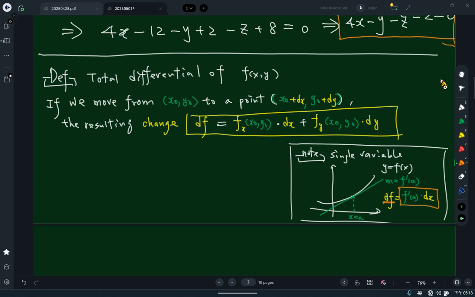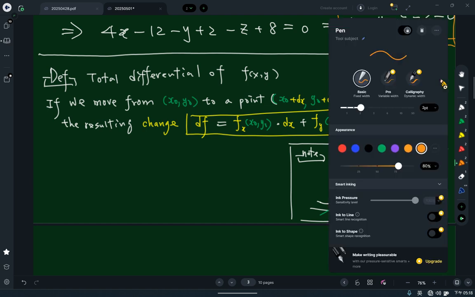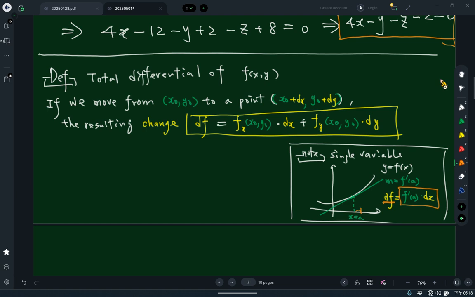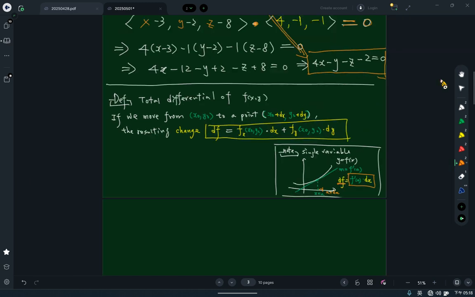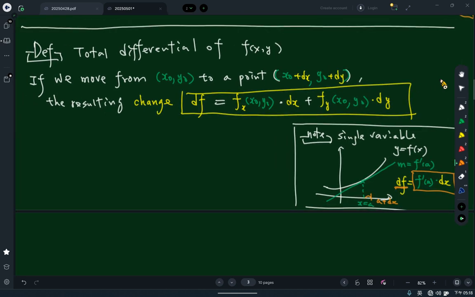If you want to know the small change from a to a plus dx, the corresponding change, this is df, can be regarded as slope times dx.